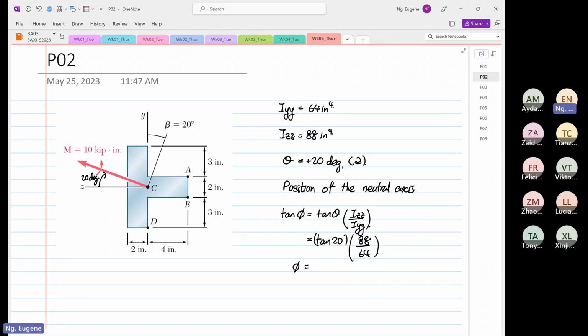So tangent 20 times 88 divided by 64. Inverse tangent is equal to 26.6 degrees. Positive 26.6 degrees.